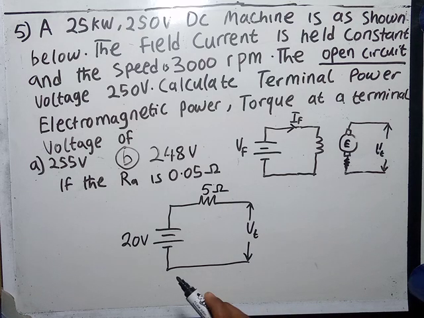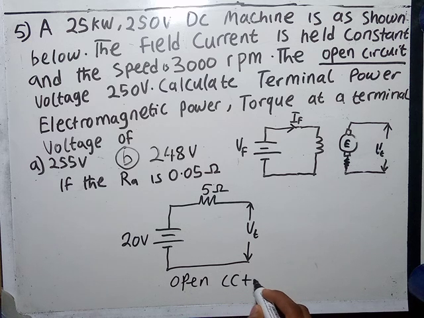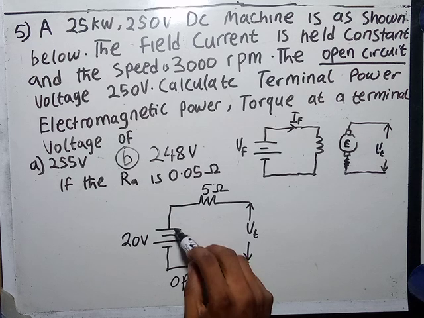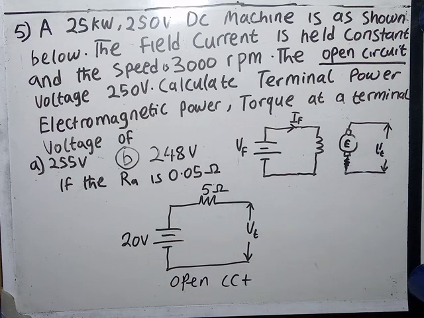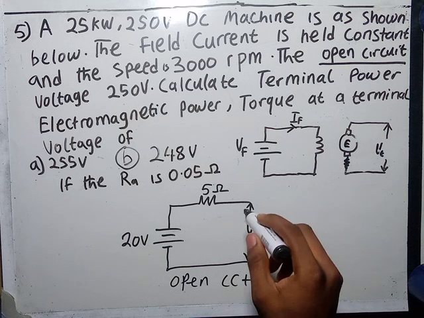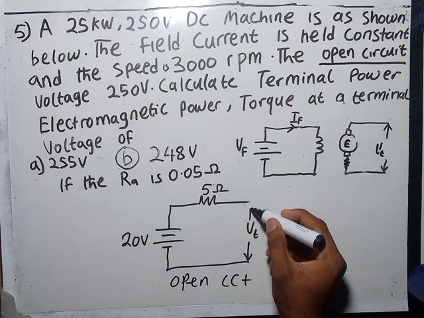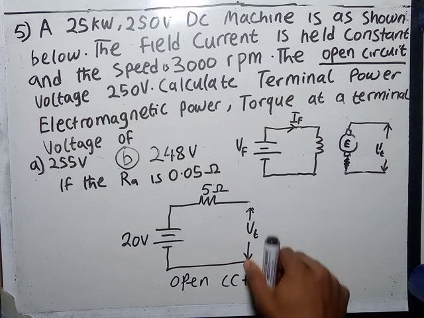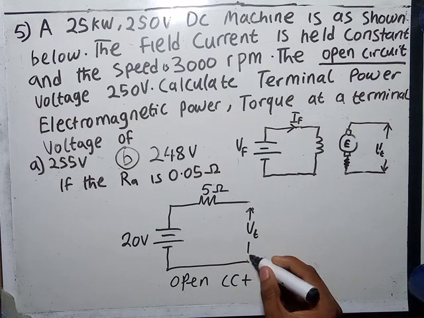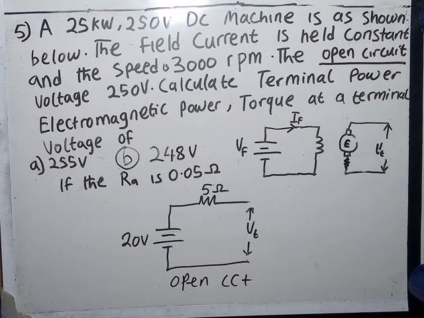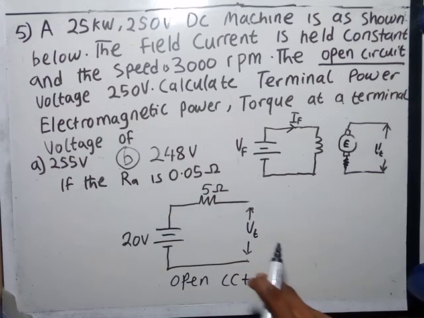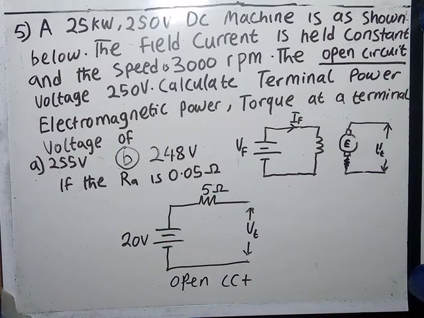Now, one thing with an open circuit is that current doesn't flow through it. For current to flow, this path has to be completed. It has to be joining. But since it is open circuit, it will not allow the flow of current.